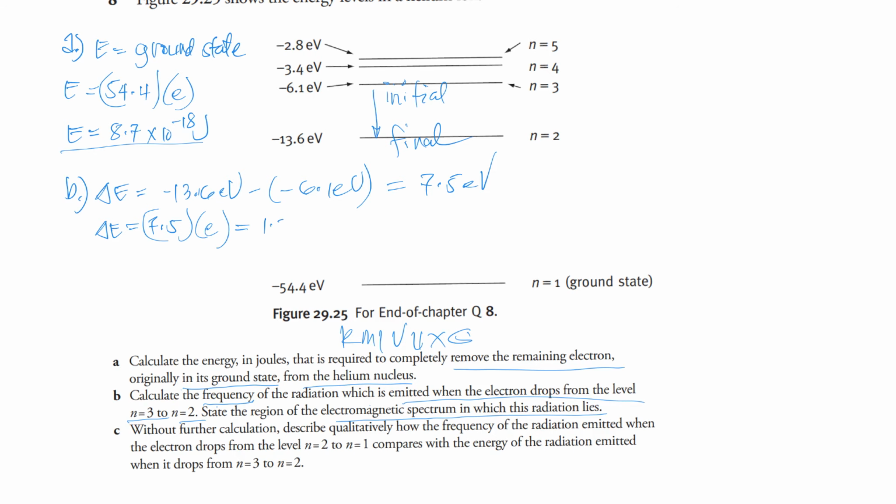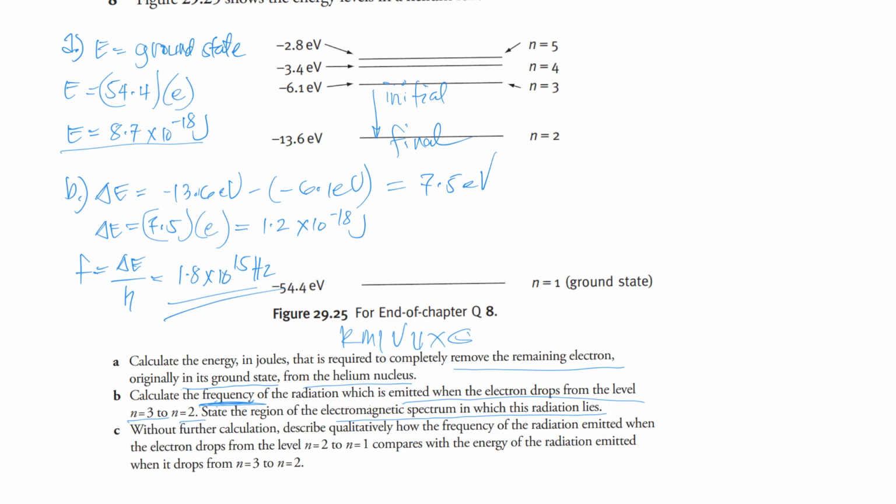It will give you around 1.2 times 10 to minus 18 J. All right. Now let's go to the f, because we need the frequency actually. So f equals the change in energy over the constant h. So it gives us around 1.8 times 10 to the 15 hertz. Now that's our answer for letter B.